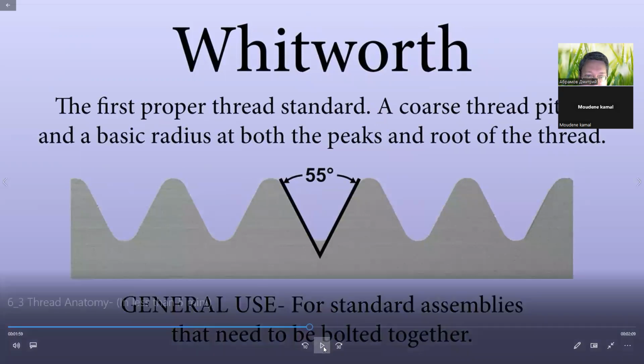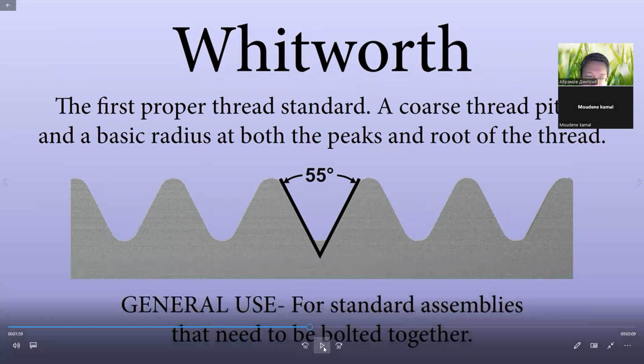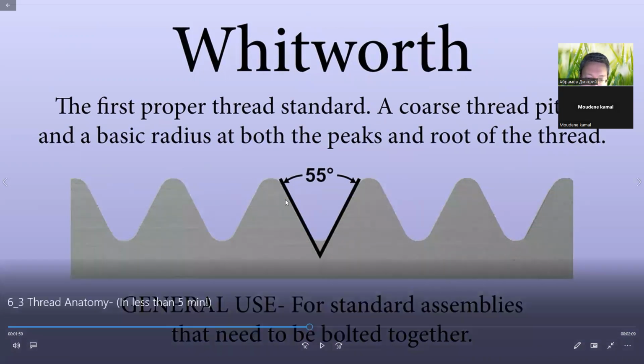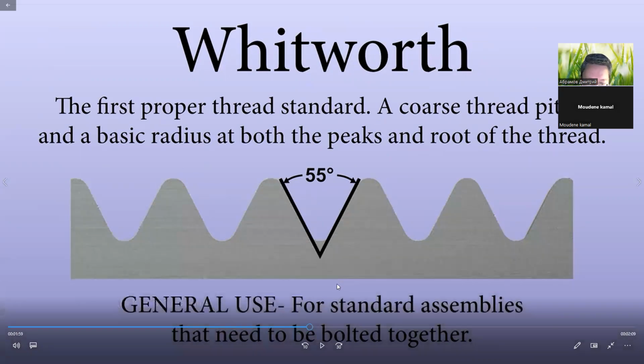The first proper thread standard, coarse thread pitch and basic radius at both the peaks and root of the thread. And what we can see, the angle is equal to 55 degrees. And the usual use is for standard assemblies that need to be bolted together.